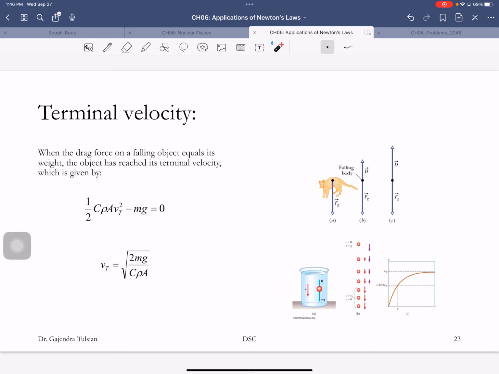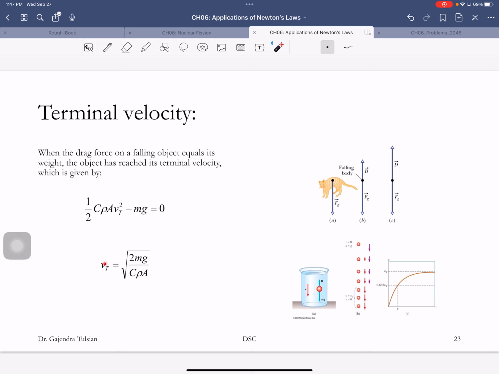You reach terminal velocity when drag force equals your weight. You can rearrange these things, and so here's the terminal velocity. Yes, you could add weight, but jetpack. So here's your weight divided by C, the drag coefficient, rho is the fluid through which you're falling, and A is your area of cross section.